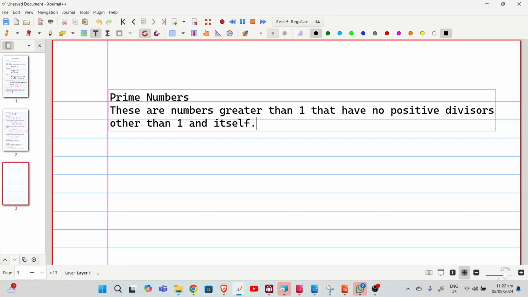Right? So it's only able to have 2 possible divisors. So the examples of prime numbers, your prime numbers would start from 2. So you have 2, then you have 3, and then you have 5, and so on. Each one of these numbers can only be divided by 1 and itself.